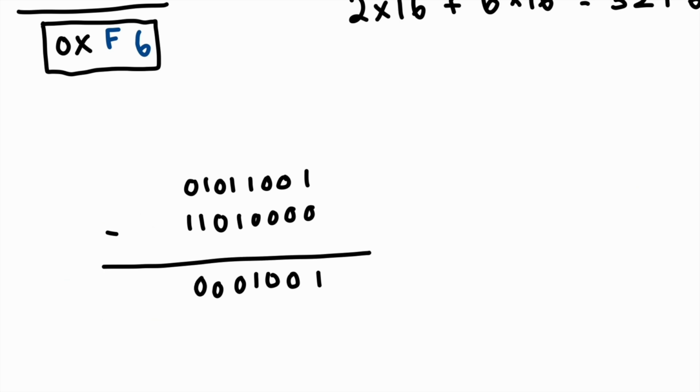Then we have this 0 minus 1 over here. 0 minus 1 in binary subtraction, we have this invisible 1 over here that we carry over. And that 2 minus 1 becomes a 1. So then your final answer should be 1, 0, 0, 0, 1, 0, 0, 1. This is more like a special rule in binary subtraction.